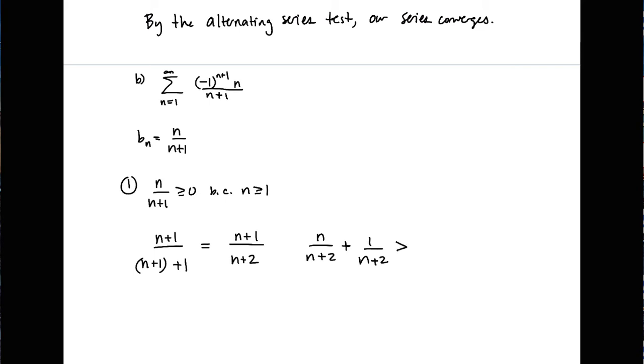We'll keep the 1 over n plus 2 and compare that back to n over n plus 1. The denominator has gotten bigger, so this, in fact, is getting smaller instead of bigger. n plus 2 is a bigger denominator than n plus 1, but the numerators are the same, so the bigger denominator is going to make a smaller number.